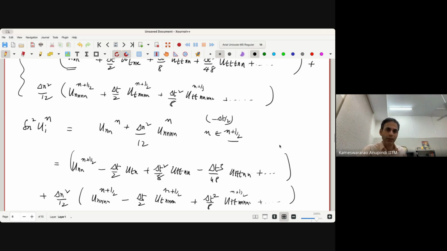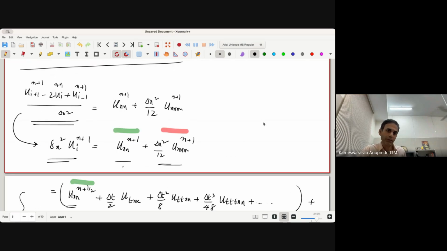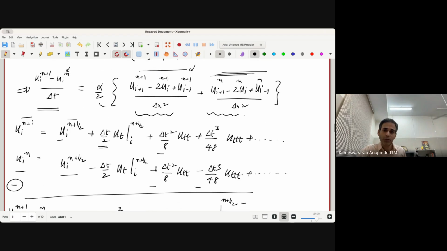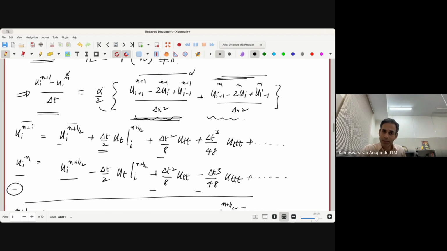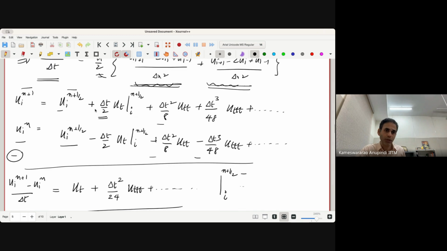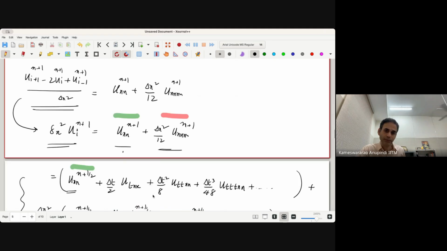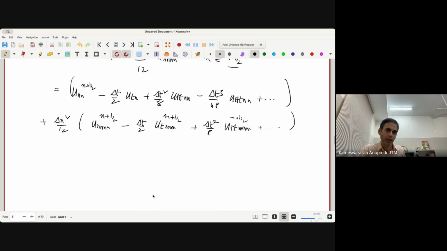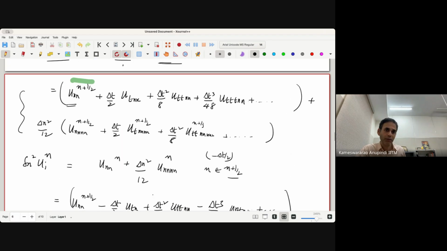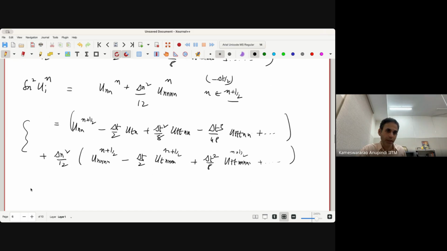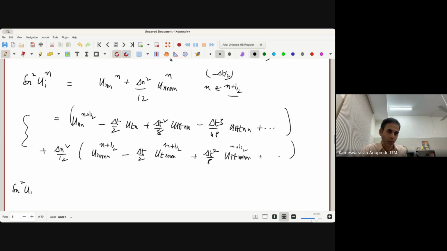Okay, so now what is there on the right hand side? On the right hand side, what we have is the summation of these two terms, right? We have delta x squared u_i n plus 1, delta x squared u_i n, and then multiplied with alpha by 2. That's what we have on the right hand side. The left hand side we have already worked out, that is this quantity. So on the right hand side we have a summation of this quantity plus this quantity, that is delta x squared u_i n plus 1 plus delta x squared u_i n.